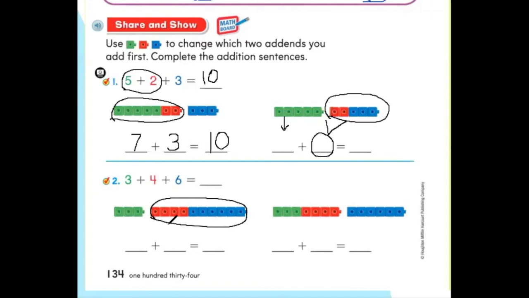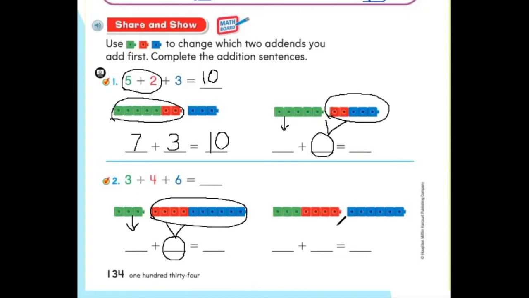Then you are going to draw a caret so you know exactly where this cube train's sum will go. Again, your second step will be to write the number represented by this cube train. Draw an arrow so you know where this number will go.